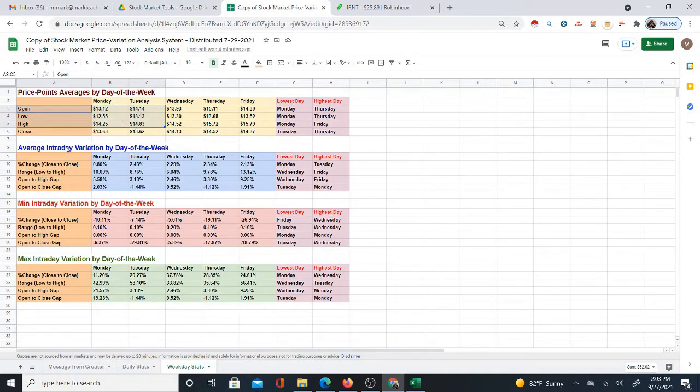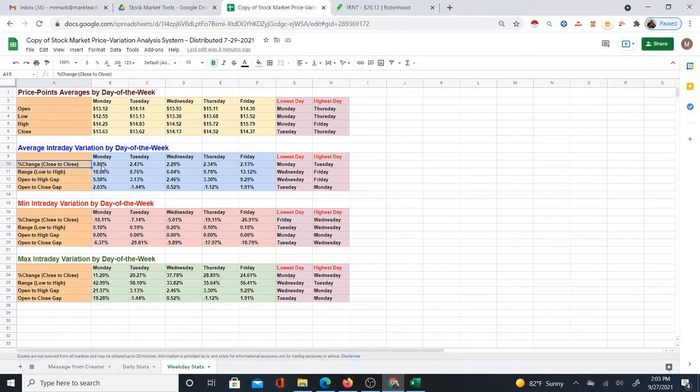Now another thing I have down here is some average intraday variation, and I have the close to close. So what I'm looking at is how much the closing price changed, the percent change from the previous day to that weekday. And I have those averages, and again you can clearly see that Tuesday, in fact this tells you the lowest and highest day.